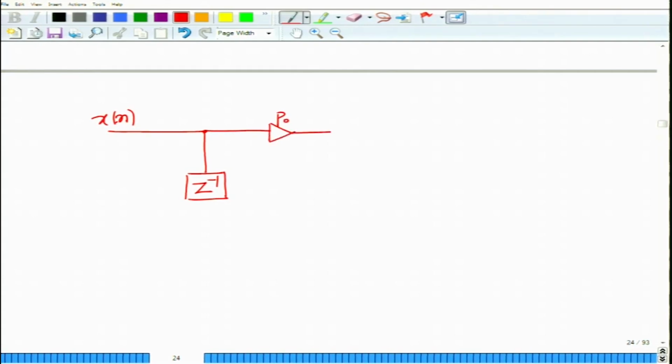This is P0, this is the element z inverse, and you are multiplying that by P1, that will give you x(n minus 1).